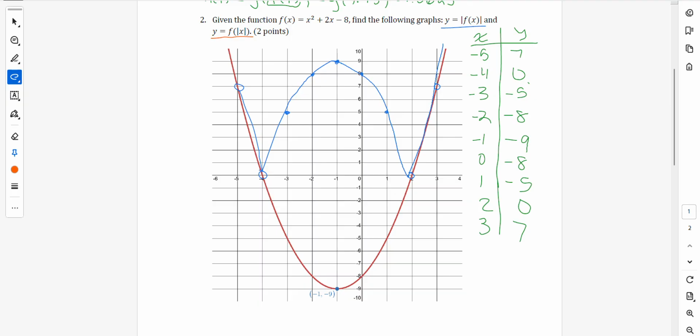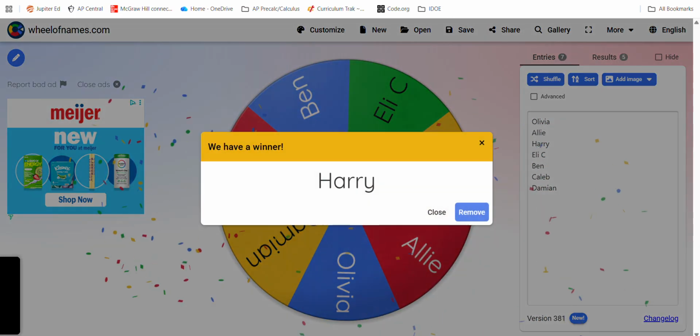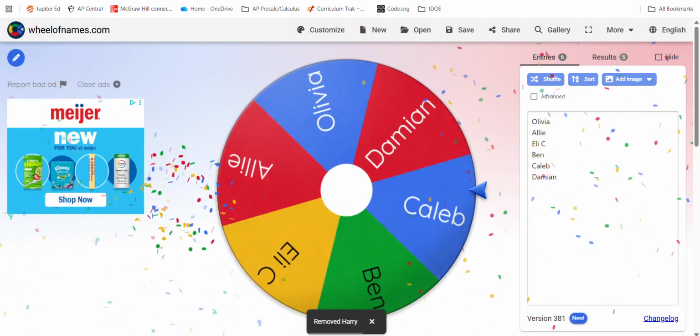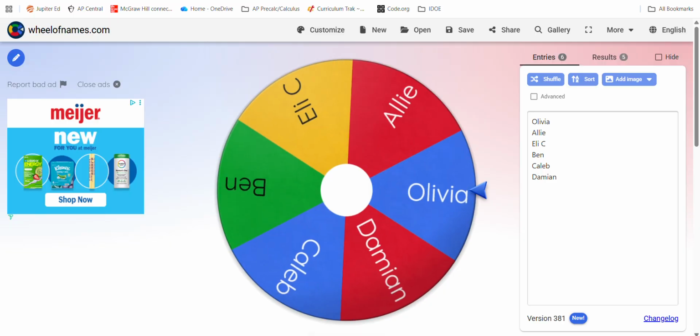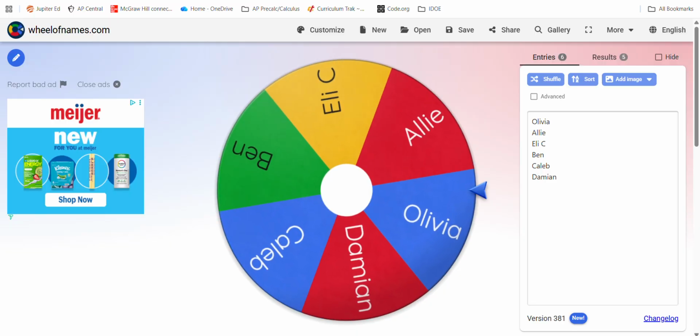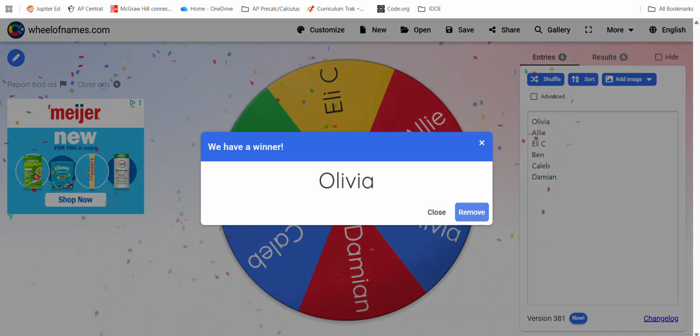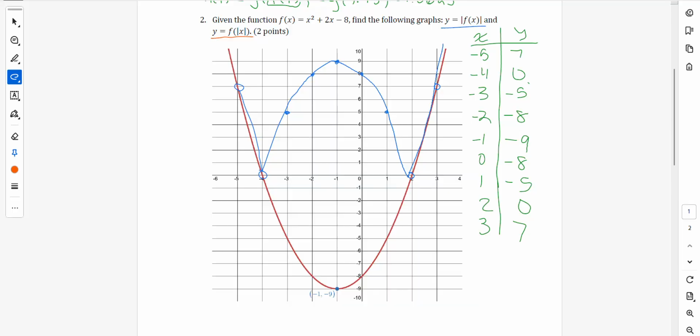All right. So now I'm going to ask, what does the second graph mean? Once you plug it in, the x values have to be positive. Good. So what would be a good way to track this?